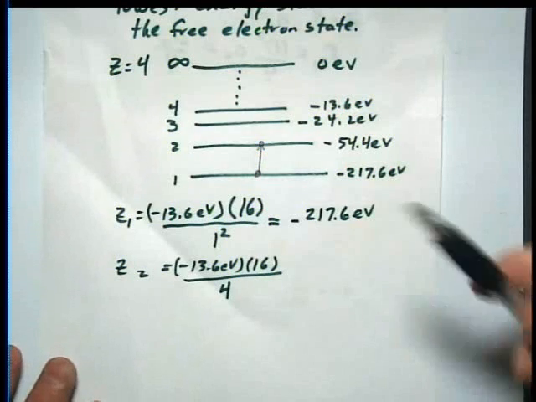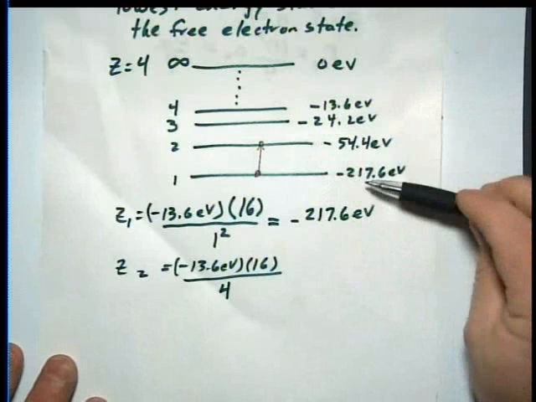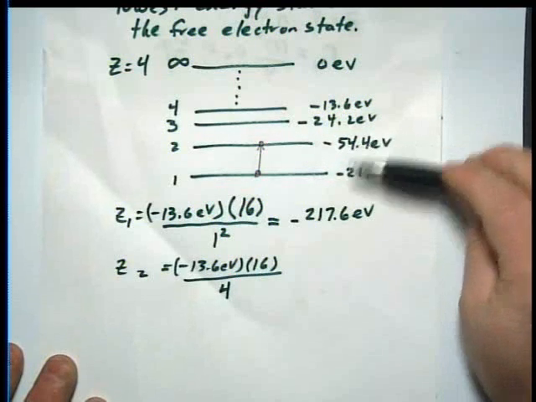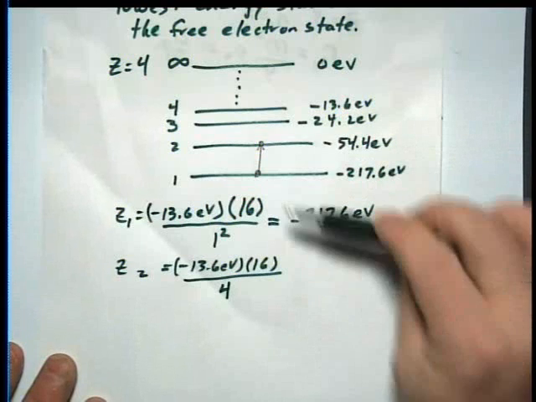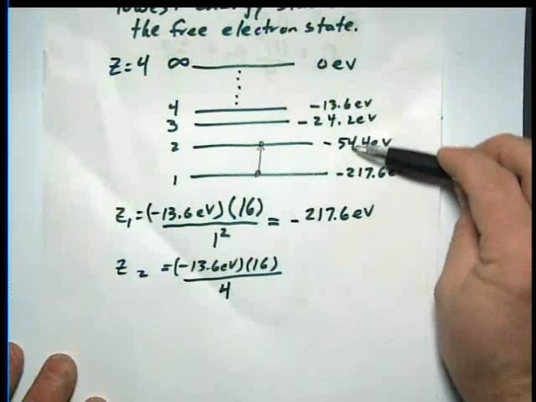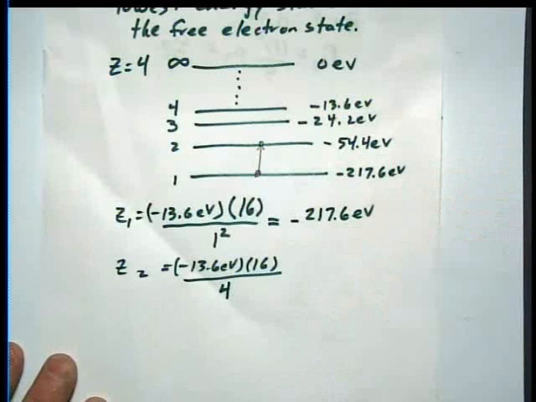Notice that when you go up this way, you become less negative. And so the difference is positive numbers. On the other hand, if you go here to here, you're going into a more negative number, so the change is negative. That's the change in the atom. So if the atom is more negative, it loses energy.